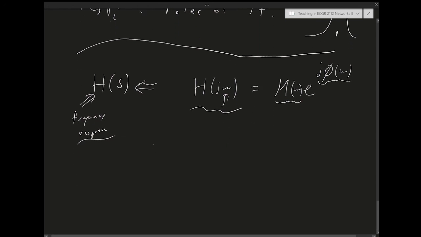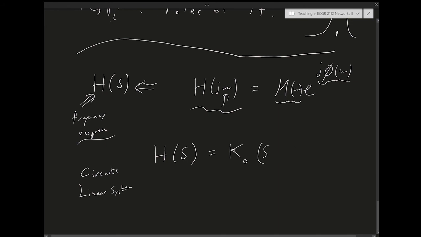Now, we said that when dealing with circuits or any linear system, all transfer functions tend to end up looking like this. They look like a constant, and then a bunch of zeros and poles.